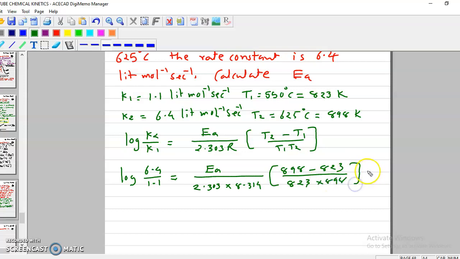If you take R equal to 2 calorie, then the energy of activation will be in calorie. This way you can calculate energy of activation, and the unit will be joule per mole.